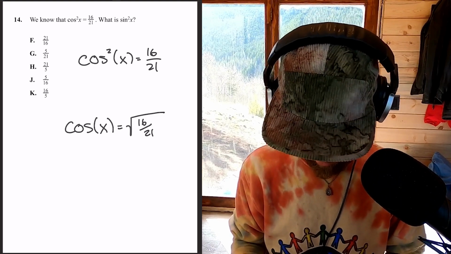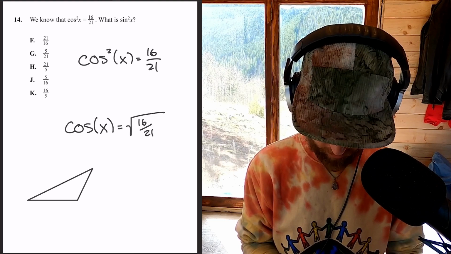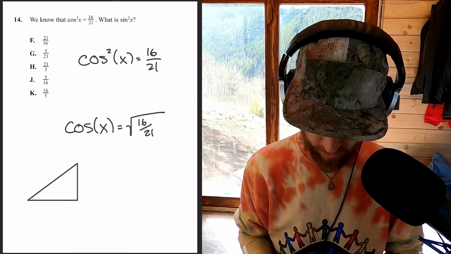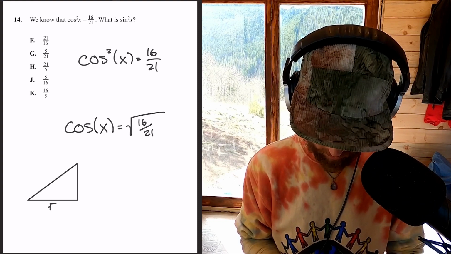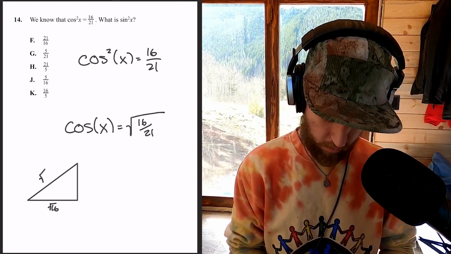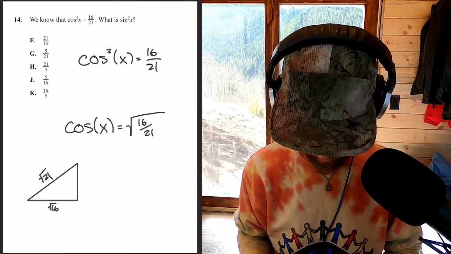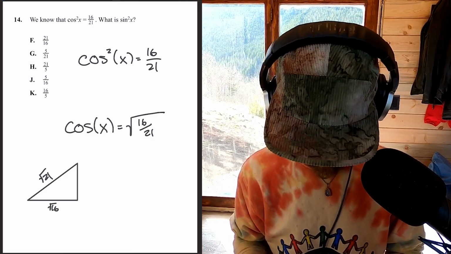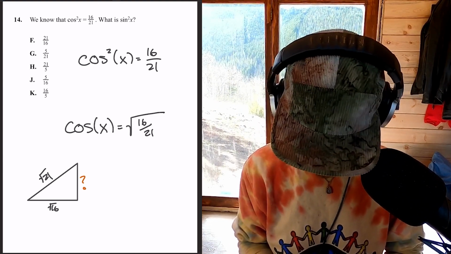If we have a nice little right triangle, we can draw it: square root 16 in the horizontal, square root 21 in the hypotenuse. So sine is going to be whatever this value is over square root of 21.